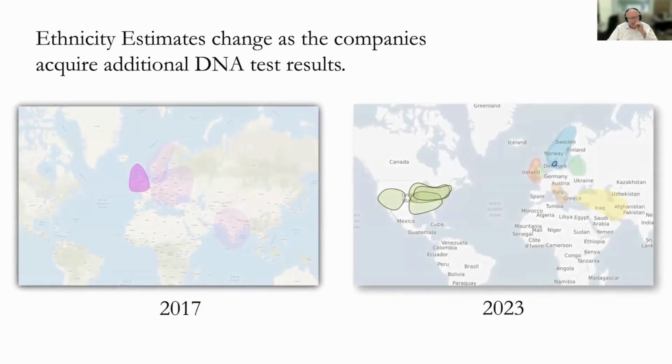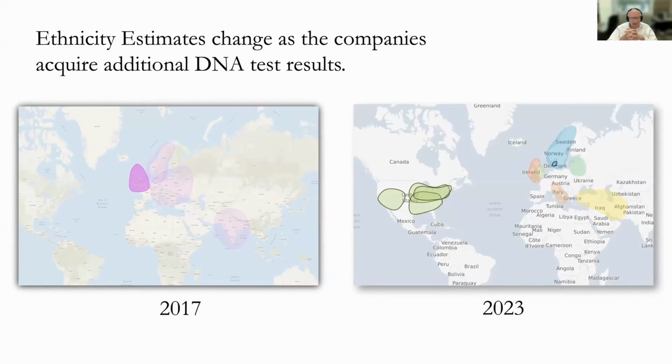And I mentioned this, and this is a graphic that'll show you what I meant by the fact that I said ethnicity estimates change as the companies acquire additional information. So on the left there, in 2017, you'll see what my ethnicity estimate was from MyHeritage in 2017.